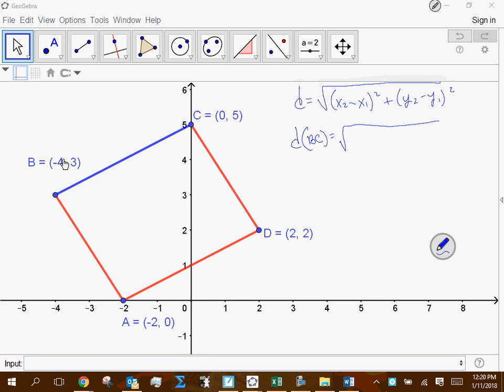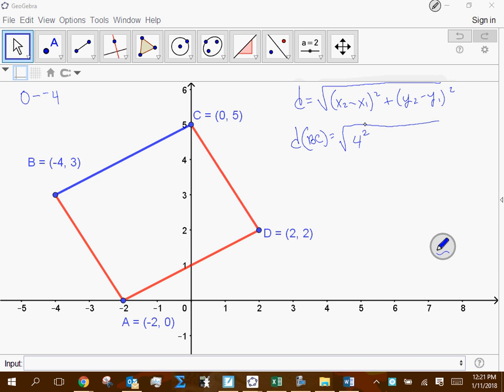So if I look at B and C, I'm going to subtract the x's. Now, we've talked about this many a times, it does not matter the order that you subtract them. So what is 0 minus negative 4? It's positive 4, right? And then we're going to square that, right? Okay. So x2 minus x1 gives me the 4.